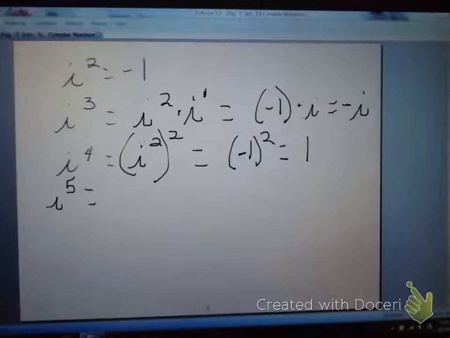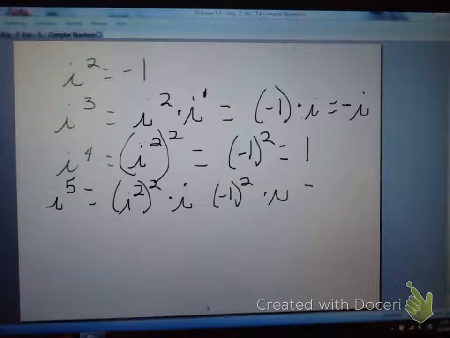I to the fifth is I squared squared times I, because that gives us I to the fifth. And I squared, again, is -1 squared times I, which is 1 times I, or just I.